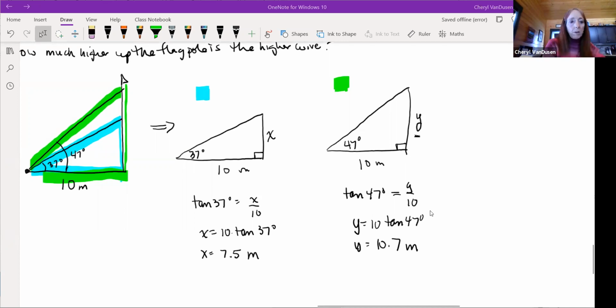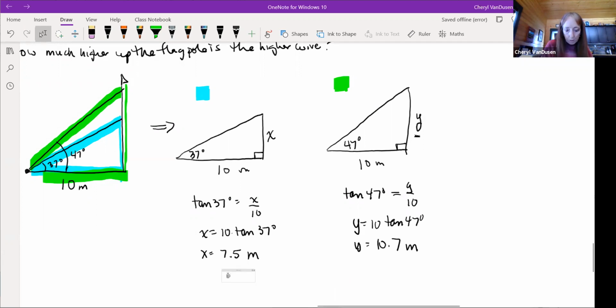So see if I can get my pen back to being a happy camper. It doesn't want to work. So we subtract those. 10.7 takes away 7.5. I might have to just stop my share for a second and put it back on. We'll see. Maybe I can just type the answer up.